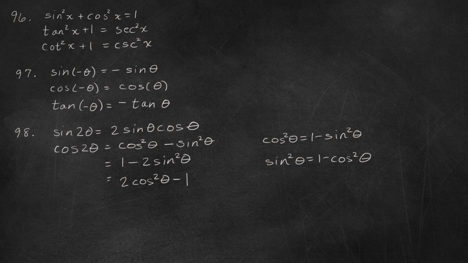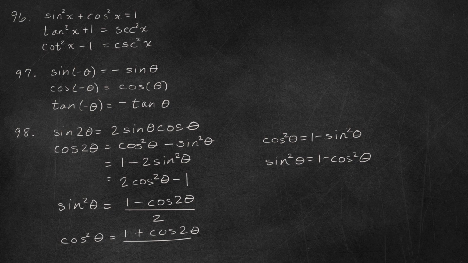Our power reducing formulas: sine squared theta equals 1 minus cosine 2 theta all over 2. And the power reducing formula for cosine: cosine squared theta equals 1 plus cosine 2 theta over 2. If you forget the power reducing formulas, you can derive them from the double angle formulas. Number 99.